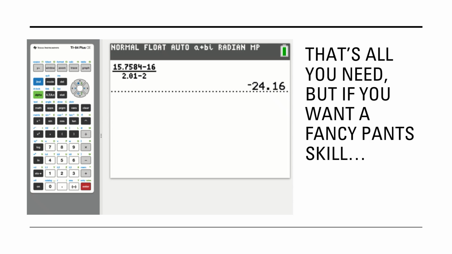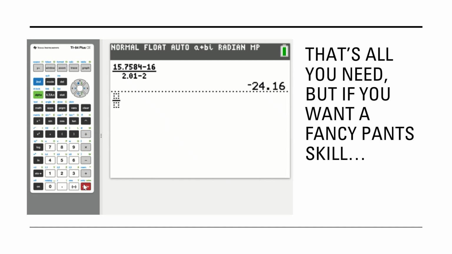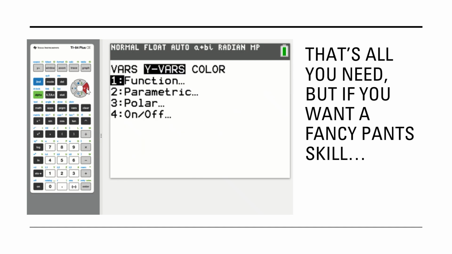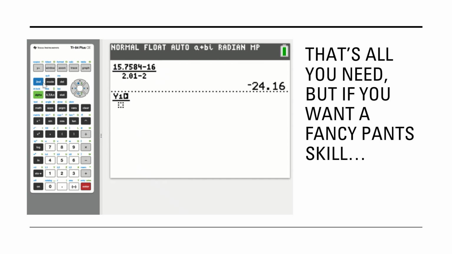If you want one more extra fancy pants skill, then I would even do this. So first of all, if I'm looking at a slope, I'm going to put that fraction key in there. And then I'm going to go extra fancy with it. Vars, y vars, function, the thing I already typed in, y1. It was what we typed in here to begin with.